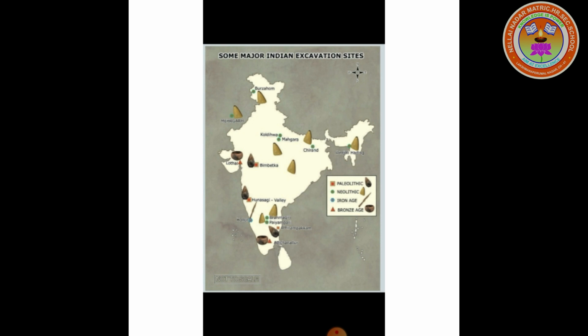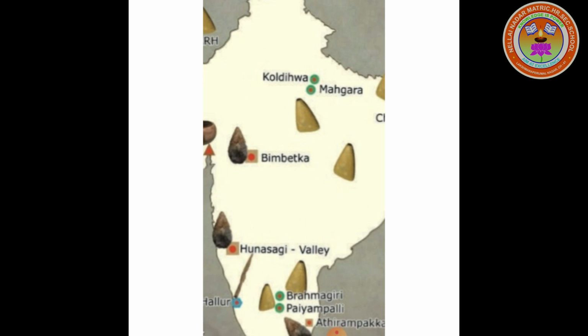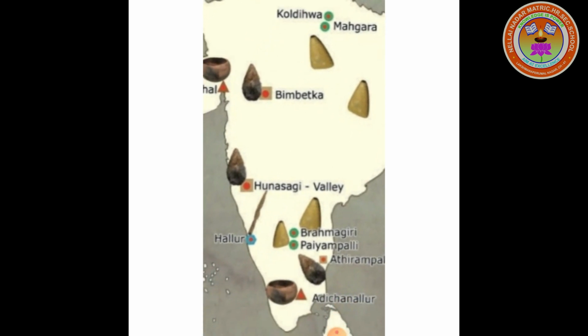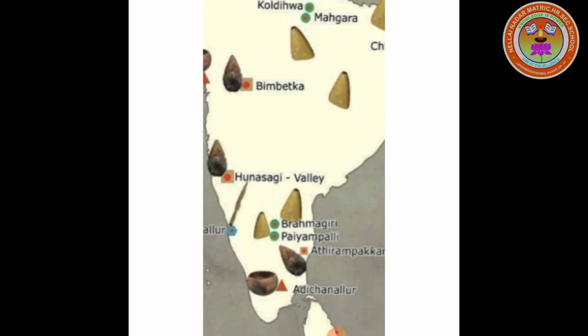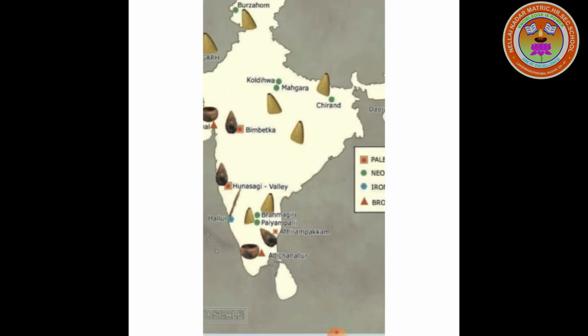Here, Paleolithic sites are Bhimbetka, Hunasagi Valley, Attirampakkam.